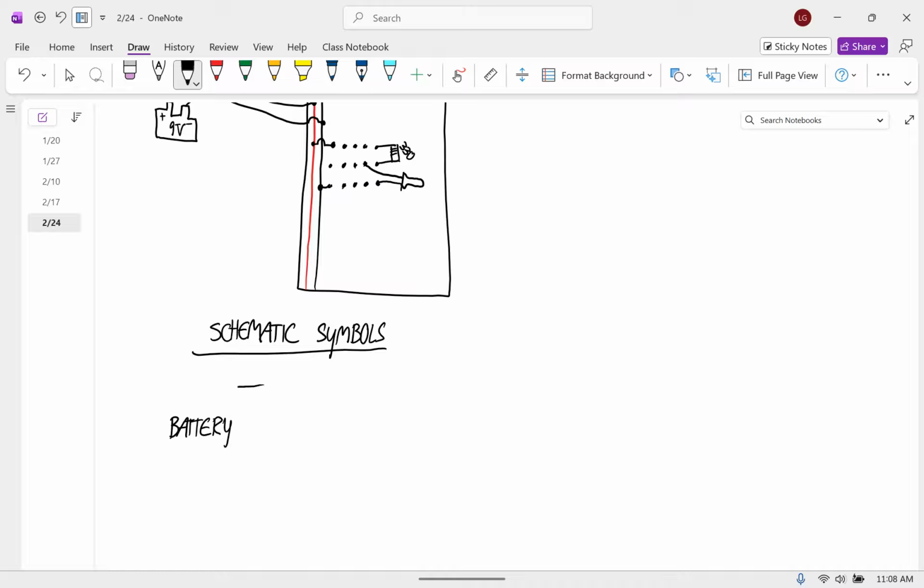And it looks like this, with a long line and a short line. Sometimes you'll see multiple long and short lines. We call everything a battery, but really a battery is a collection of cells. And that's why sometimes you'll see them like this instead, which indicates multiple cells. But this one works fine for our purposes. And the long line always is the positive polarity and the short line is the negative.